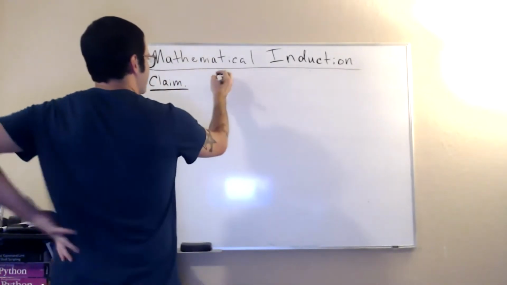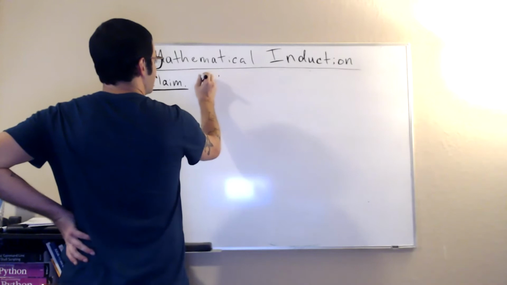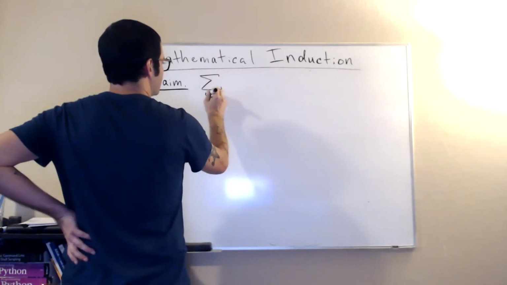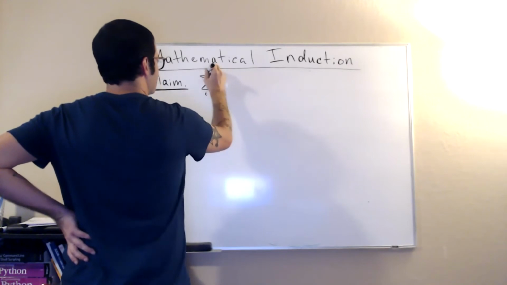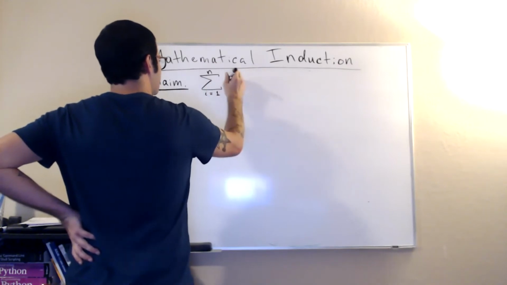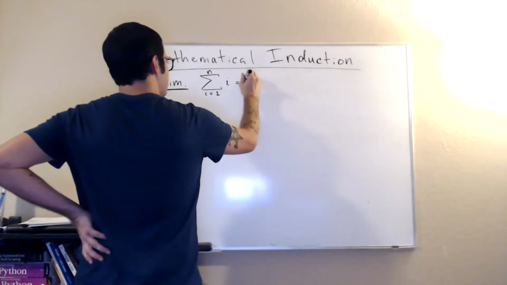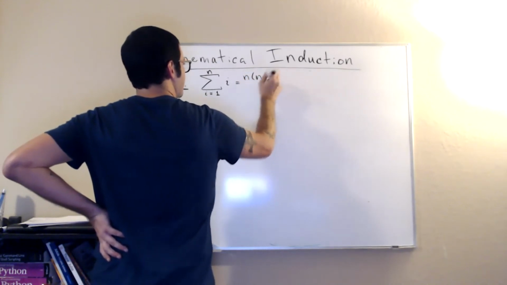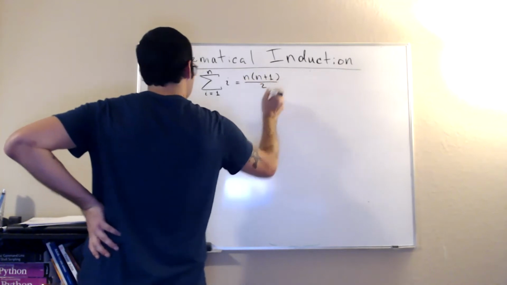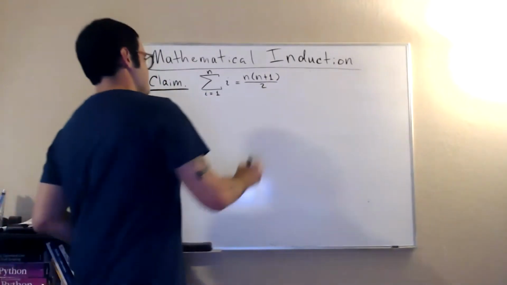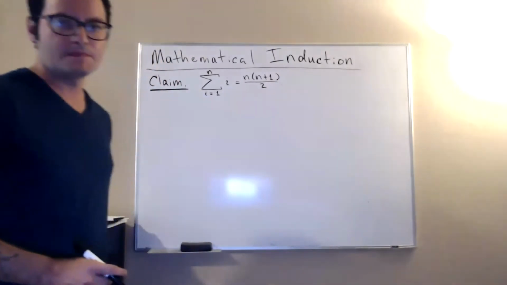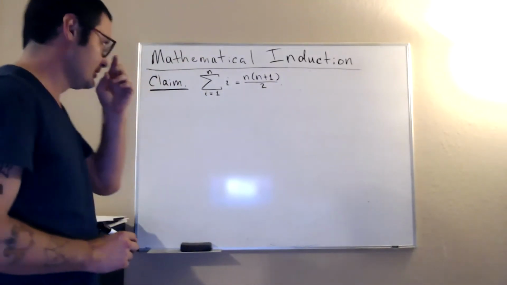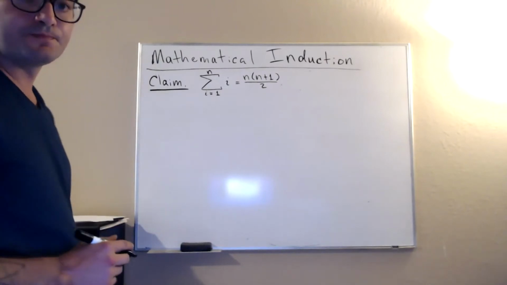The claim is that if you sum from i equals 1 to n of i, that's equal to the closed formula n times n plus 1 over 2. And it's the same statement. I just like using the summation notation when looking at these things.